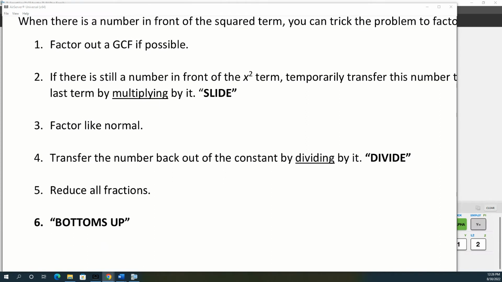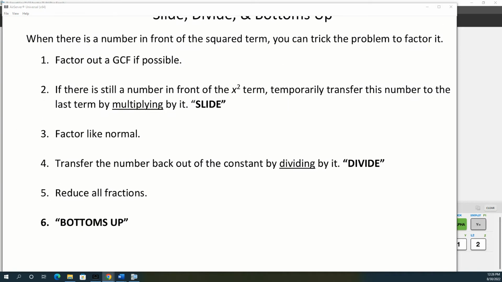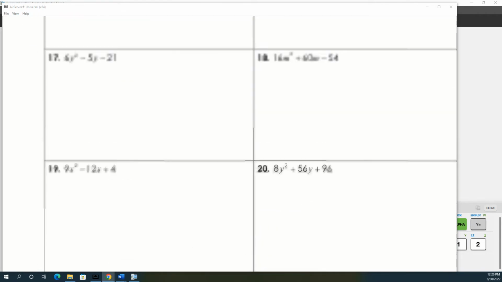And so step 2, if there's still a number in front of x squared, what we're going to do is temporarily transfer this number to the last term by multiplying by it. That's called the slide part.